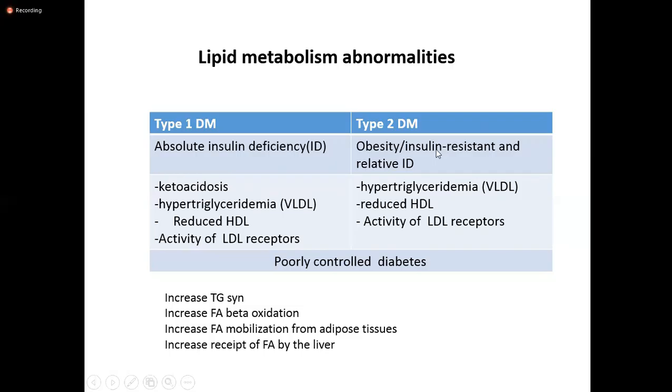In the initial phase of type 2, you may not sometimes have relative insulin deficiency. Right? So what abnormalities can this type 1 patient have related to lipid metabolism? As we discussed today, they can have hypertriglyceridemia. And also, we didn't explain, they have reduced HDL.